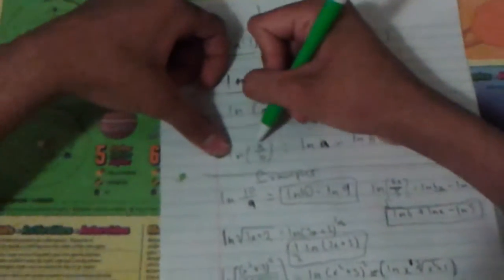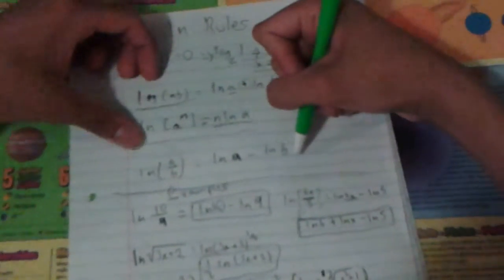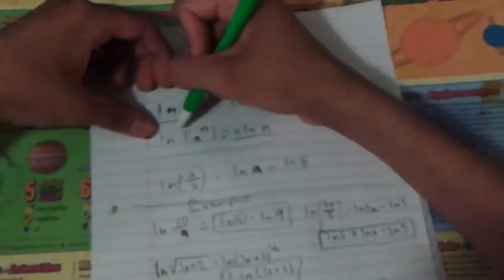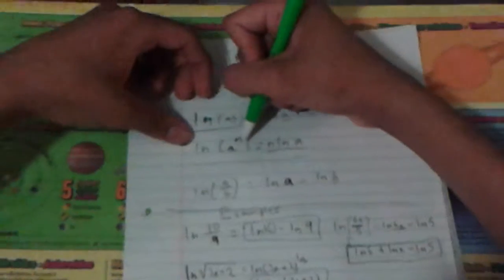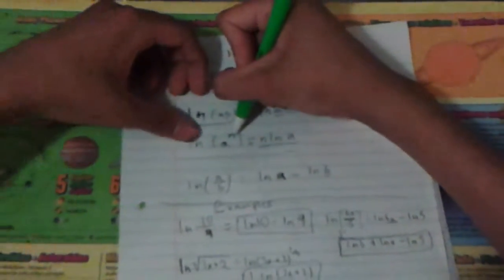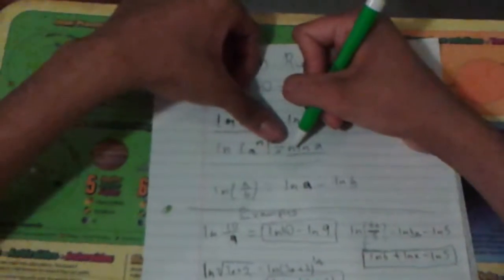We have ln of a over b. When we separate them, it is going to be ln a minus ln b. Now when we have an exponent, ln of a to the power n, we bring this power in front. So we have n ln of a.